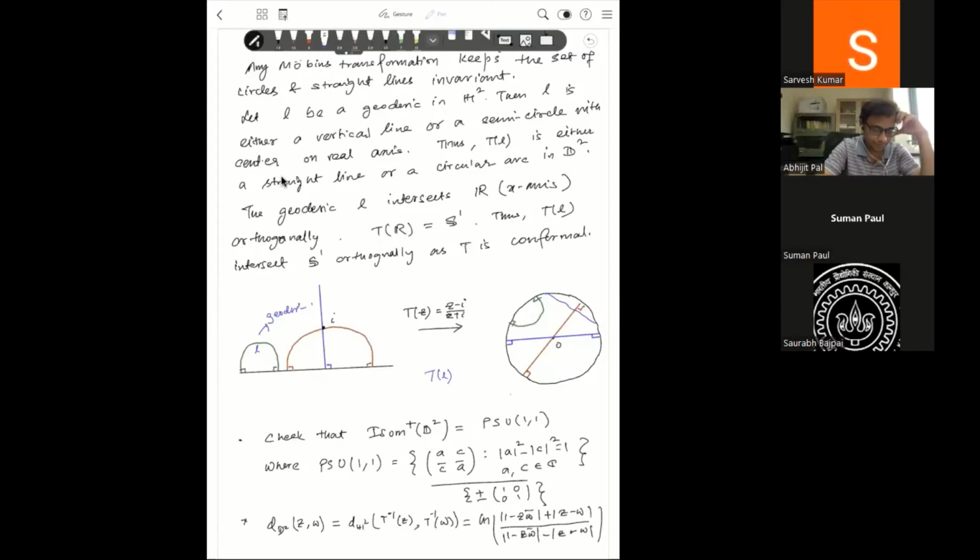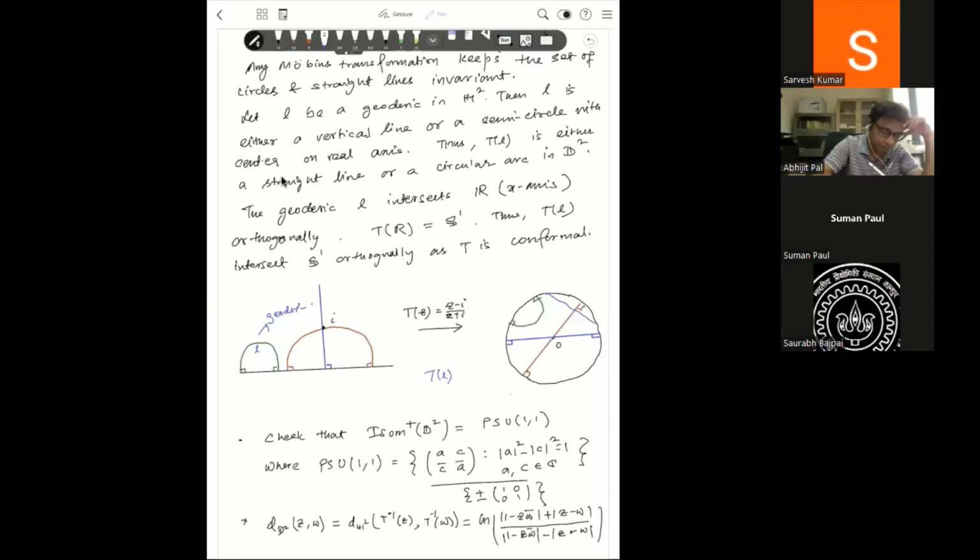First of all, T of L won't pass through my i, right? Correct, T of L doesn't pass through 0. And it should meet the boundary perpendicularly. So that is one point.